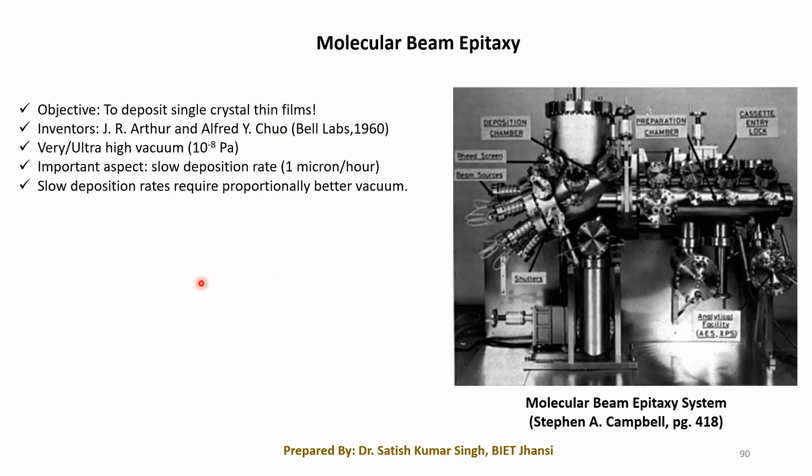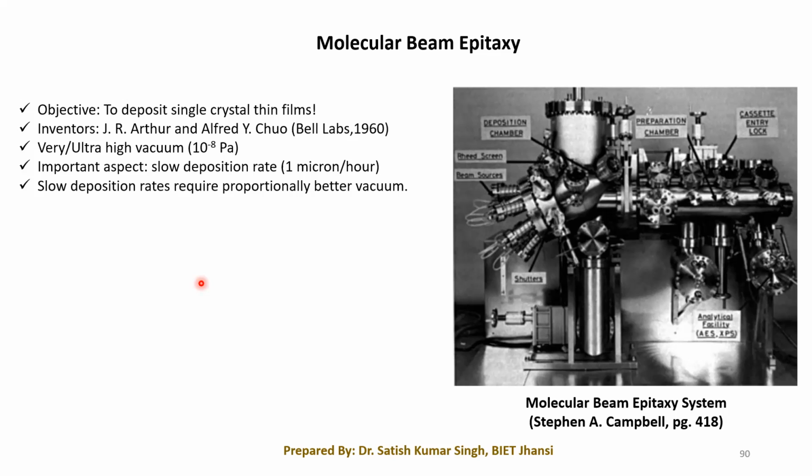One very important thing that we have to take care about in MBE is that the MBE chamber is an ultra high vacuum chamber. Okay, you remember this. It means the pressure is very low, of the order of 10 to the power minus 8 or minus 10 Pascal.